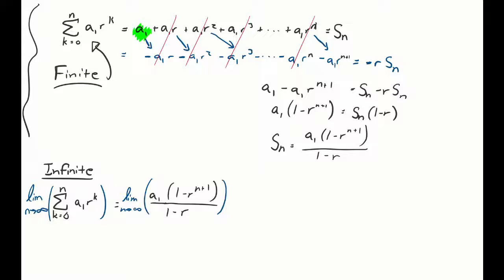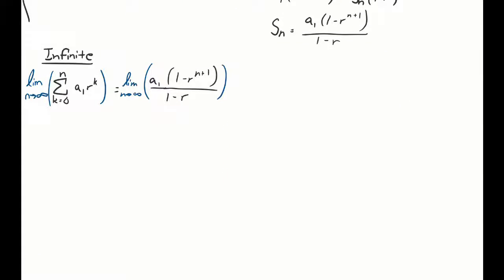What happens to this? Well, on the left side, if n goes to infinity, this is just changing kind of how the summation notation looks. There's an infinity up top now. Okay, so n is going to infinity.